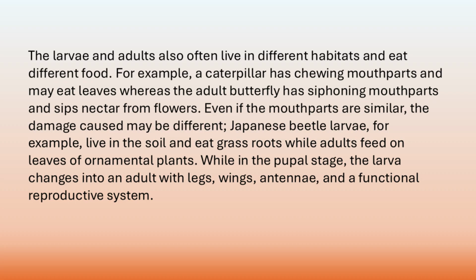Japanese beetle larvae, for example, live in the soil and eat grass roots while adults feed on leaves of ornamental plants. While in the pupal stage, the larva changes into an adult with legs, wings, antennae, and a functional reproductive system.